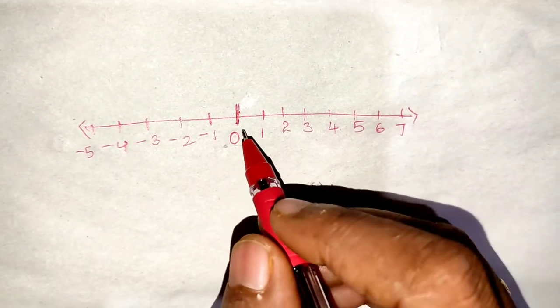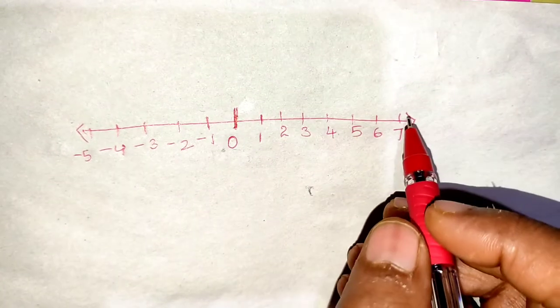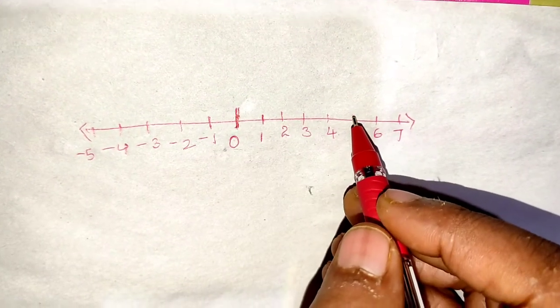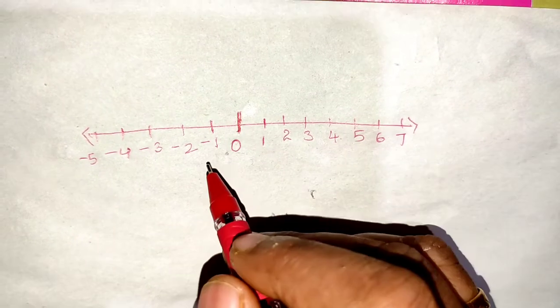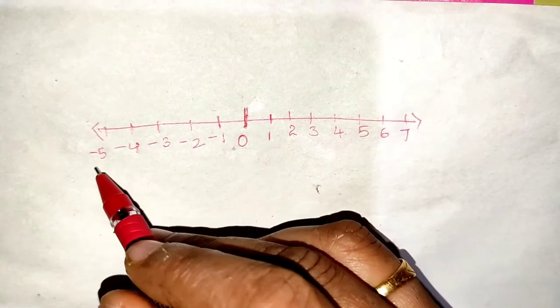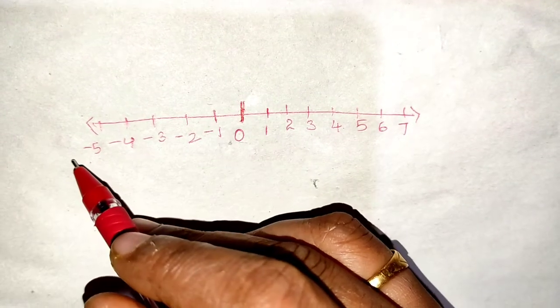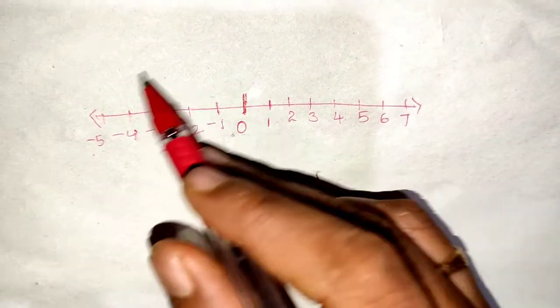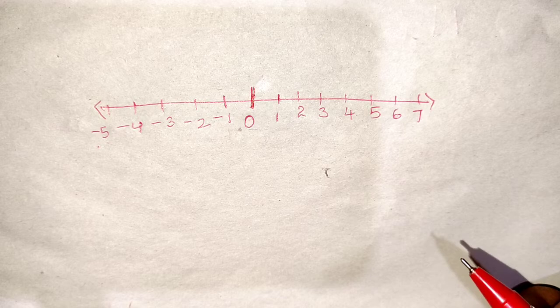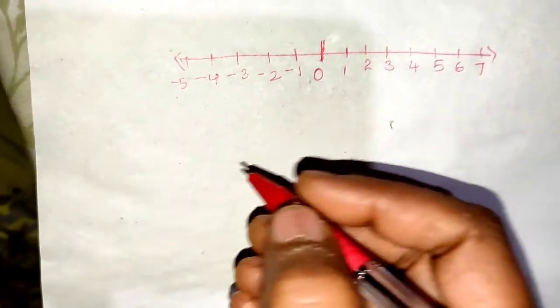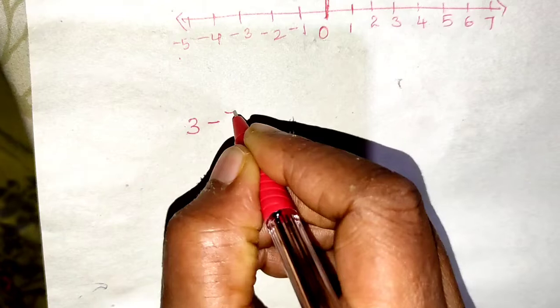Then 0 plus 5 means what? 5 is increased from 0. Then what do we mean by negative 5? Negative 5 means 5 is decreased from 0. Now I am going to do this operation, 3 minus 7.